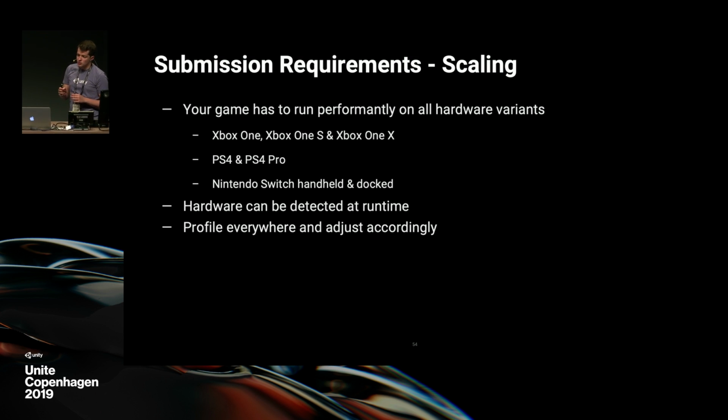The easiest way to deal with this is to detect exactly which hardware you're running on, which can be done at runtime, and scale your resolution and quality settings accordingly. This is why we suggest frequently profiling on the lowest available variant, so you can understand the baseline performance and author your content accordingly.